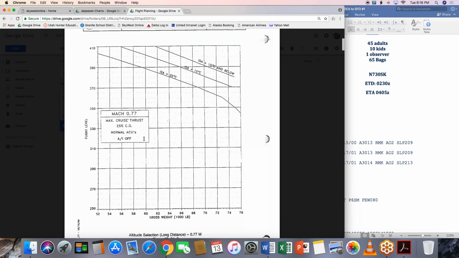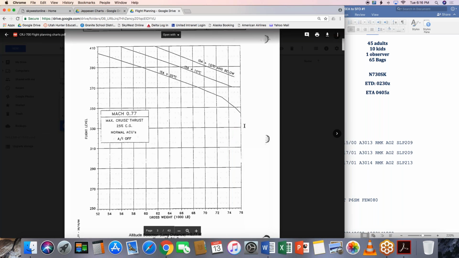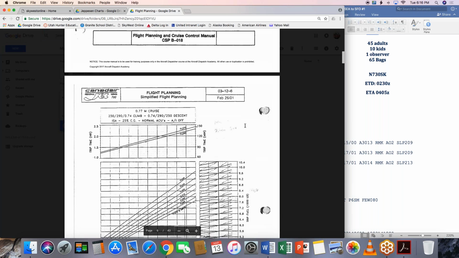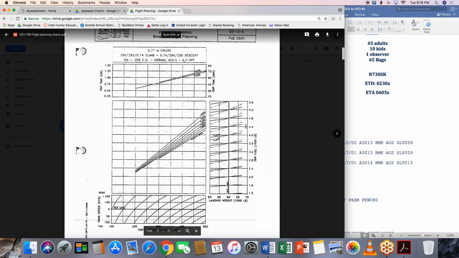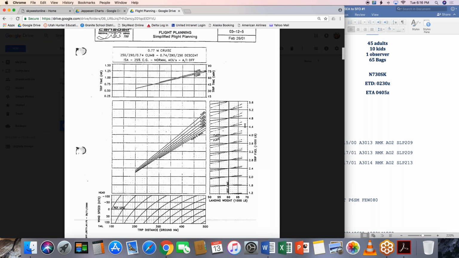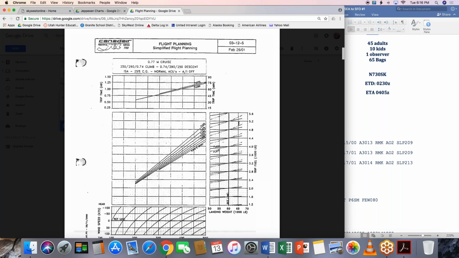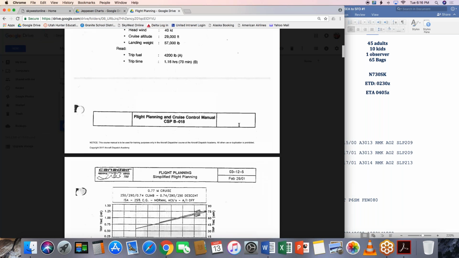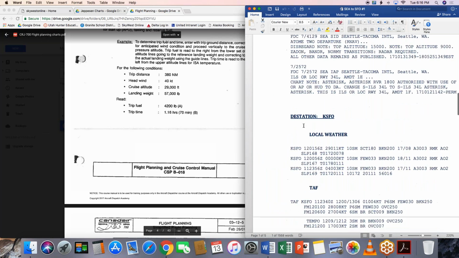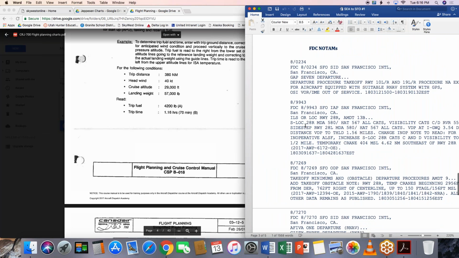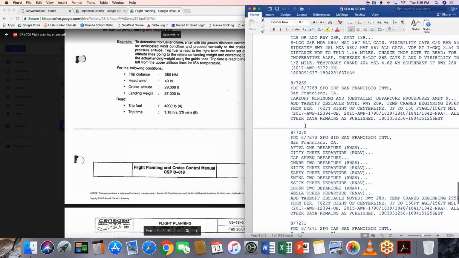Now that we have that, we can figure out our data for our climb out. But first we're going to want to do our simplified flight planning here. We're going to want to adjust our estimated fuel burn and weight here.